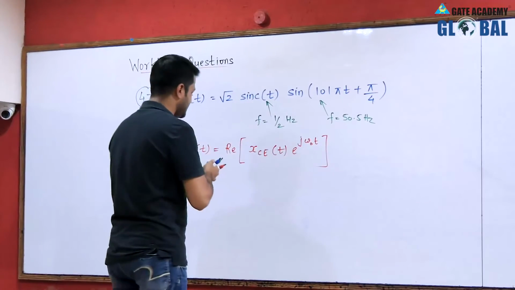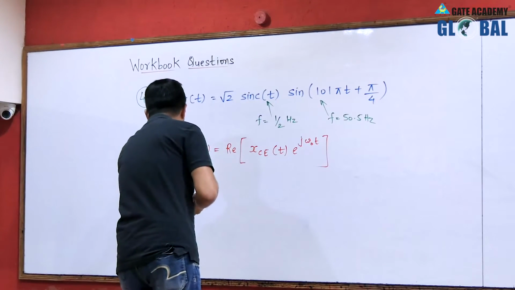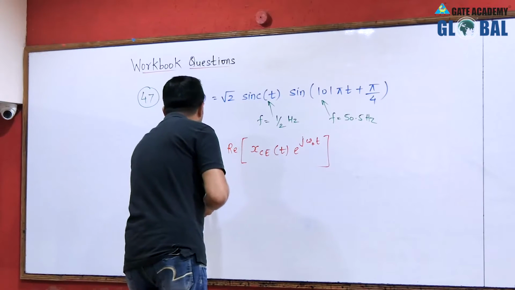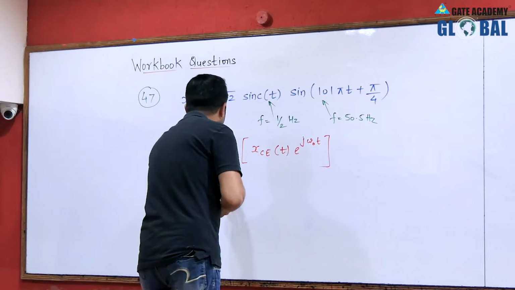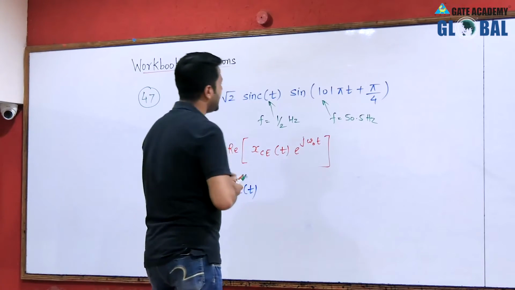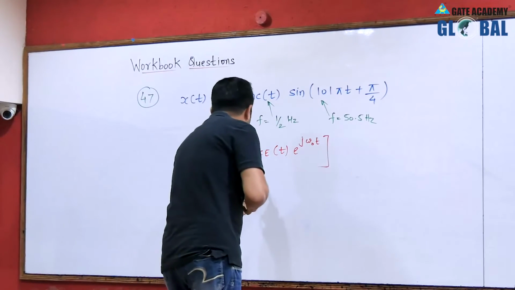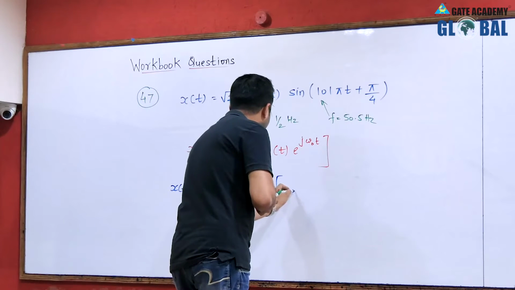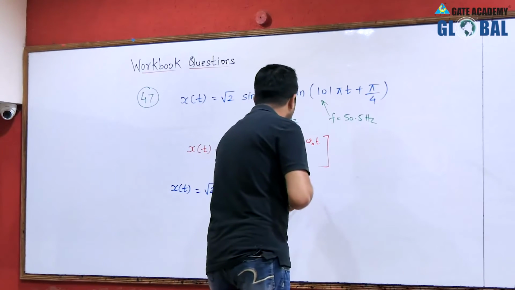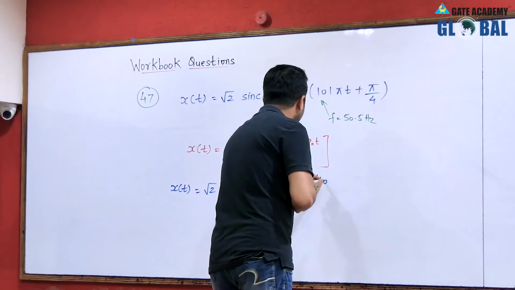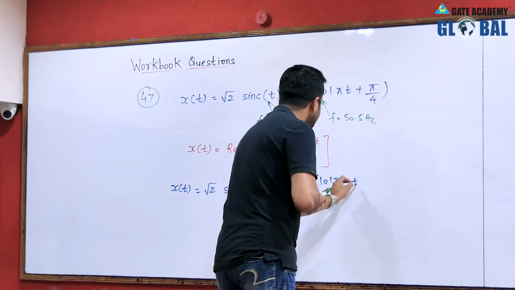So root 2 sinc t will be the same. This is x of t, root 2 sinc t, which remains the same, and as in the previous question, the sine can be written as the real part of minus j e to the power j (101 pi t plus pi by 4).